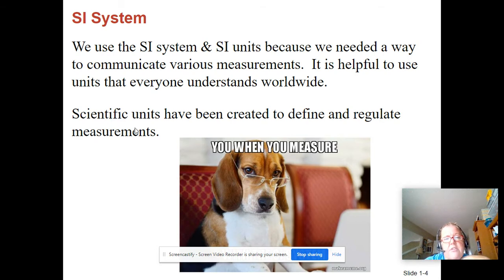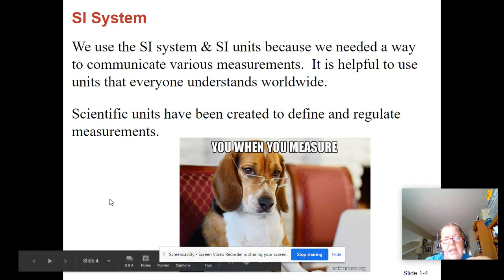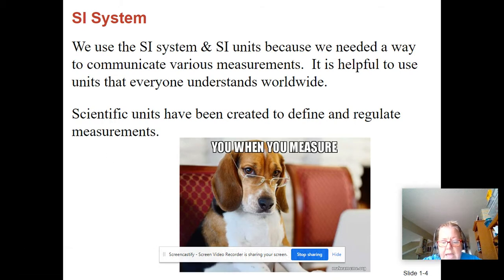Scientific units have been created to define and regulate measurements. Back in the day, when we had just the English system, it changed depending on who the king was, because whoever was the king at the time set the definition of a foot. If you got a new king, the definition of a foot would change.